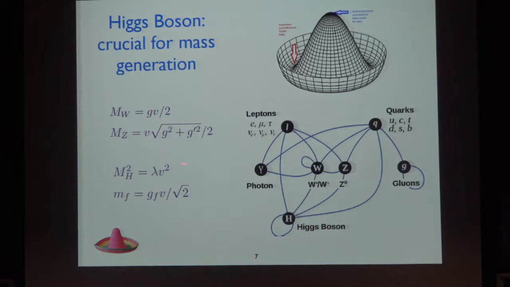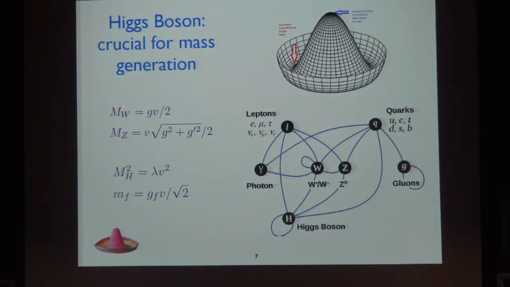So many years ago, inspired by condensed matter physics, the idea came out of putting a scalar field coupled to the fermions, and when this scalar field acquires a vacuum expectation value by breaking the symmetry, like this is a symmetric state, this rolls down to a circle of minima, let's say, and then this vacuum expectation value is different from zero, and that way the W and the Z bosons acquire their mass proportionally to the vacuum expectation value of the Higgs field.